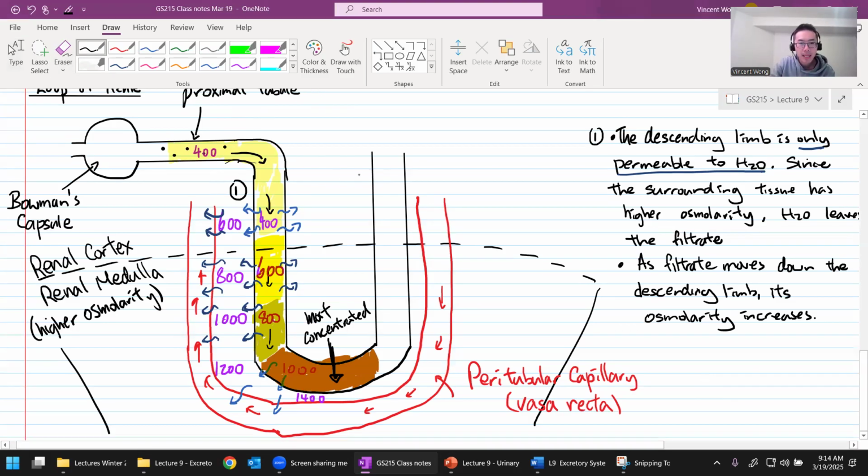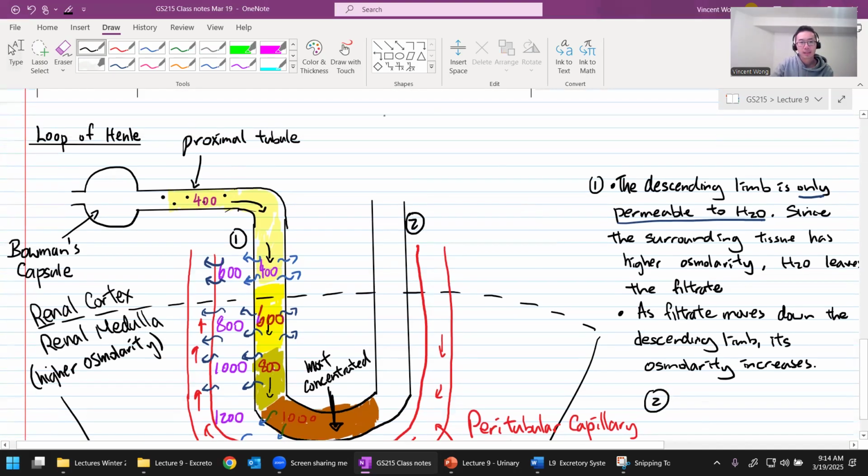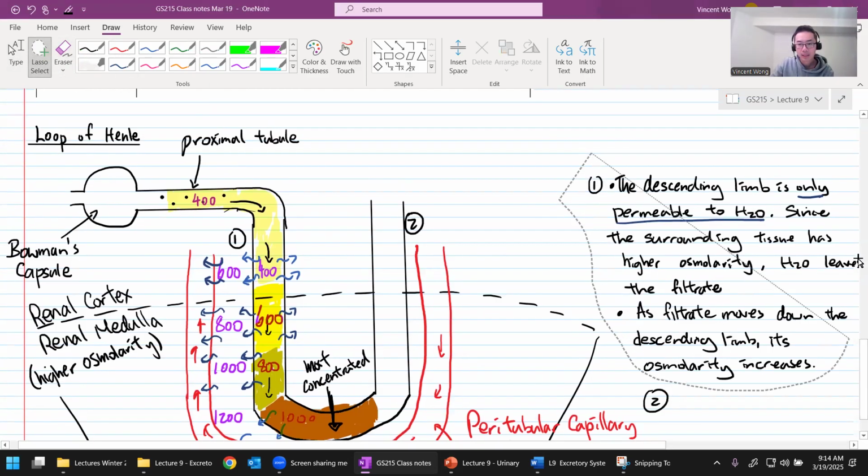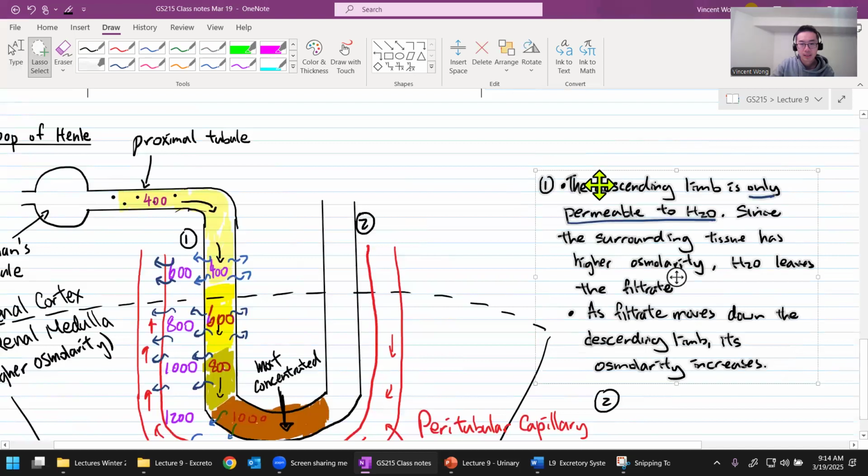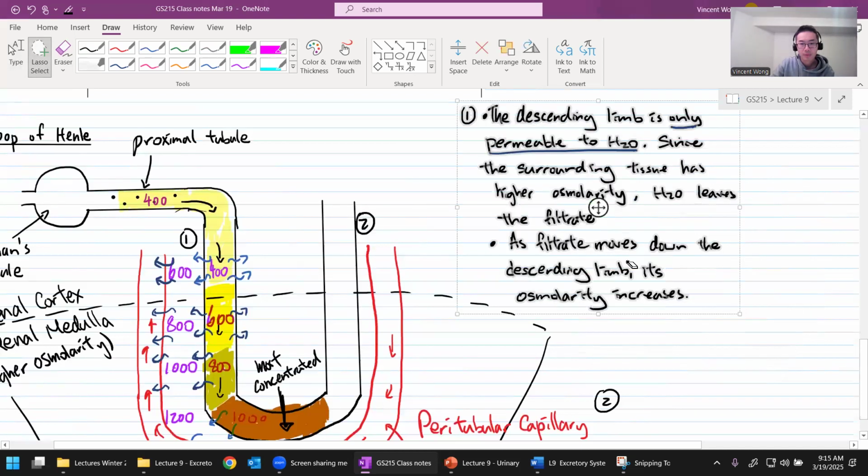So what's going to happen to our ascending limb? Okay, so just very quickly over here. I'll move it there.